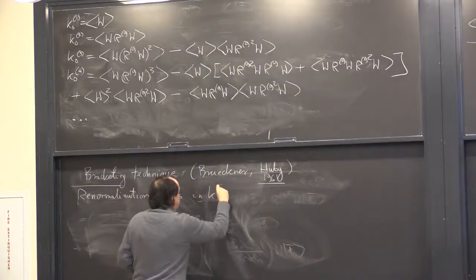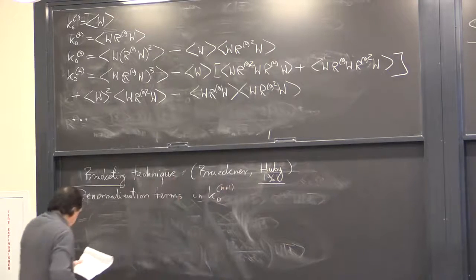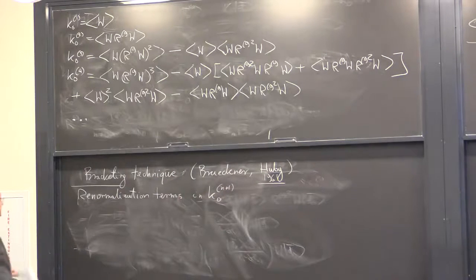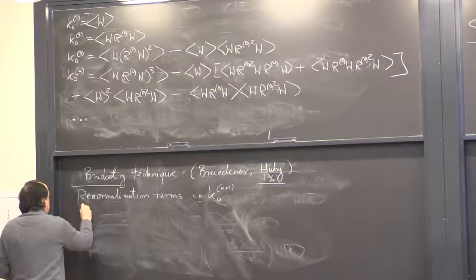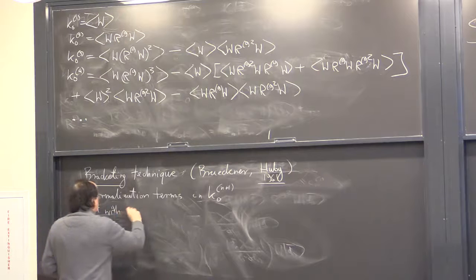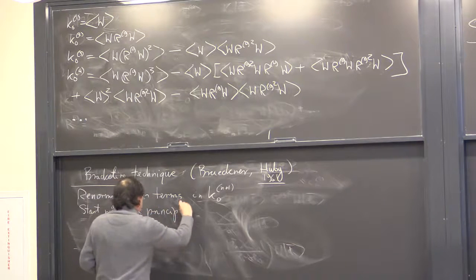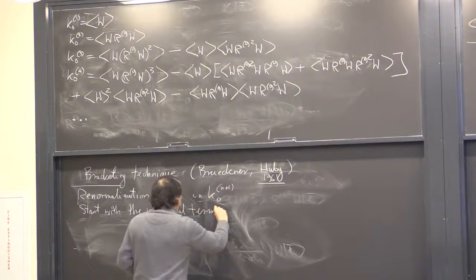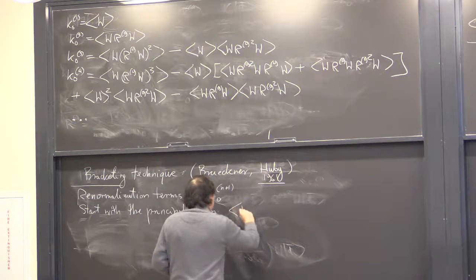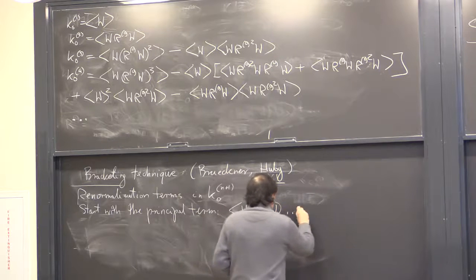If I want to do this, then what I need to do is simply start with the principal term, which is W, and then you have n copies of R0W.